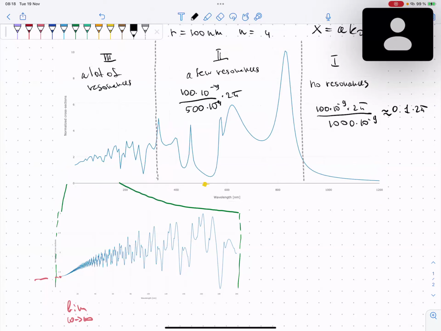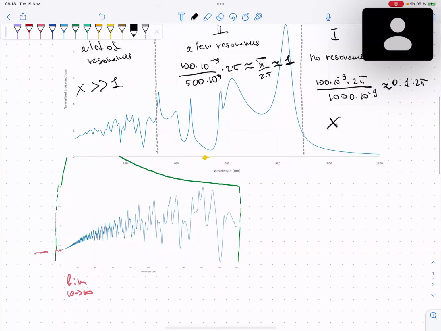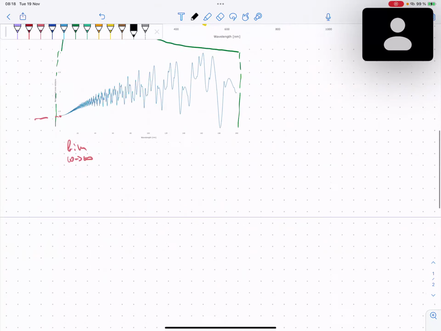It's approximately pi over 2.5, so it's approximately like 1. And in this region, obviously, the size parameter will be much bigger than 1. So here, the size parameter is less than 1. Here it's approximately 1, and here it's much bigger than 1.